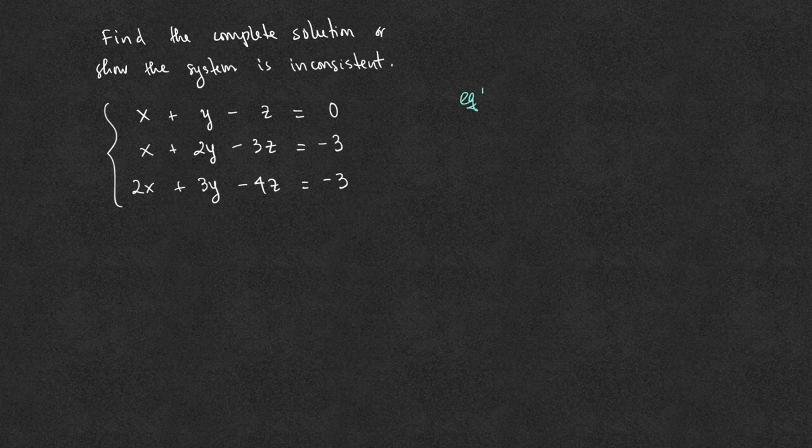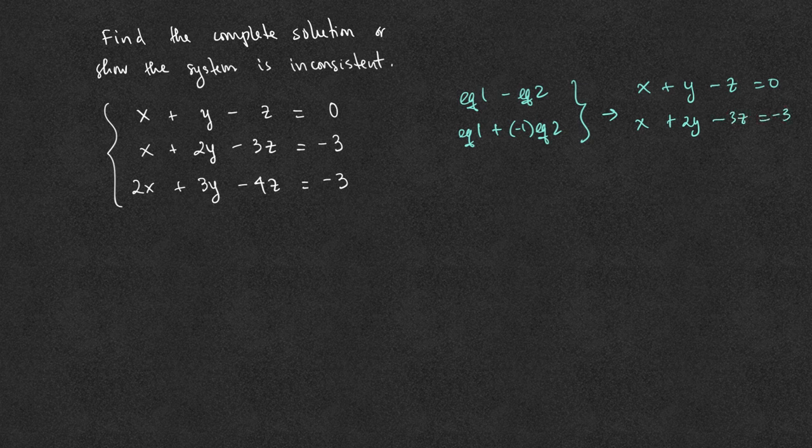We take equation 1 minus equation 2. This is the same as taking equation 1 plus negative 1 times equation 2. We get x plus y minus z equals 0, x plus 2y minus 3z equals negative 3, and we subtract the 2. x minus x is 0x, y minus 2y is negative y, and negative z minus negative 3z is negative z plus 3z, which is 2z, and 0 minus negative 3 is positive 3.